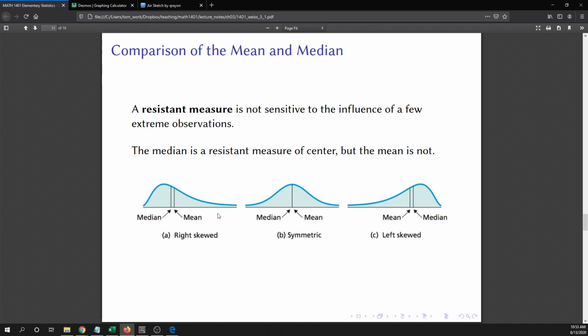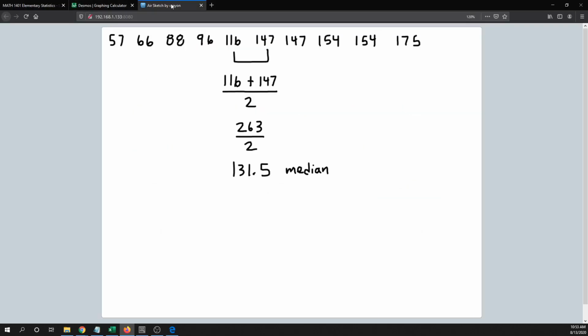If you go back and look at our data set, let's see, where was that? Oh, I erased that. But let's say this data set here that we calculated the median of.